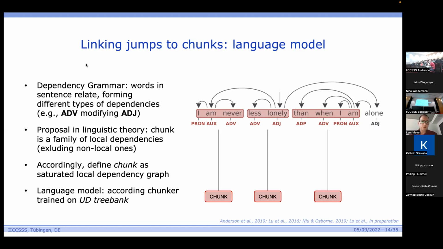Then we define a chunk, and that's been done by linguistic theory, by theoretical linguists working on the intersection of perceptual chunking and grammatical theory. We define it as something that closes all the local dependencies.